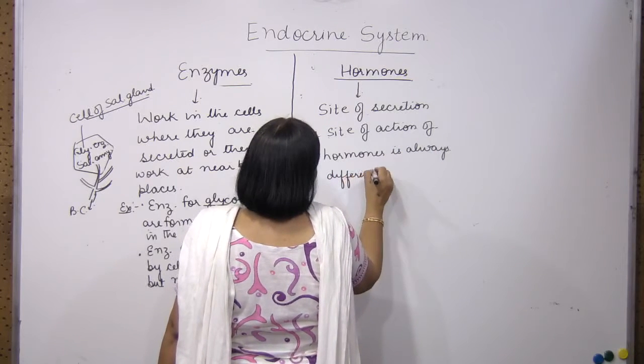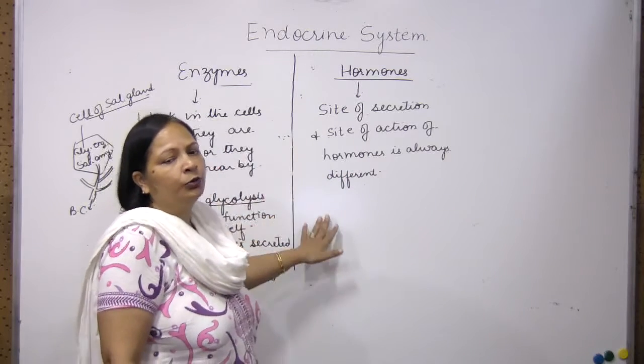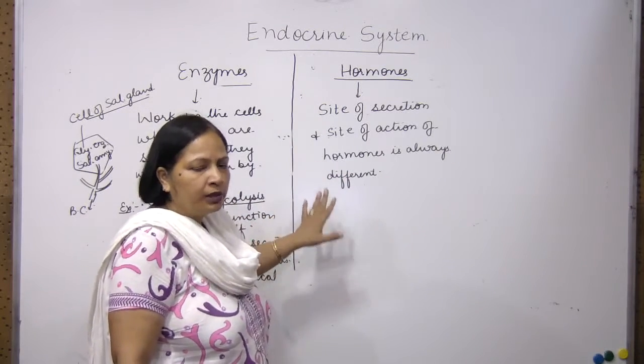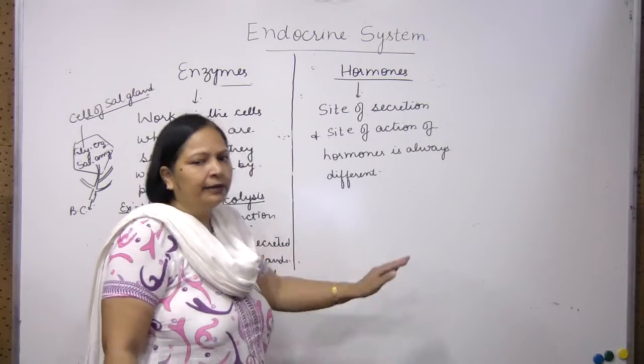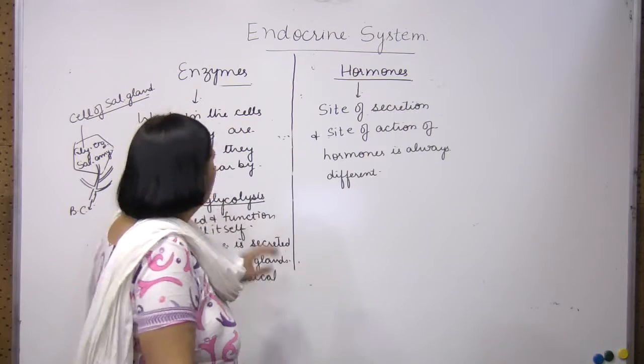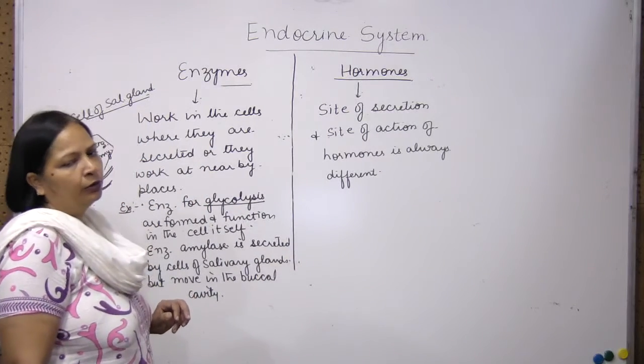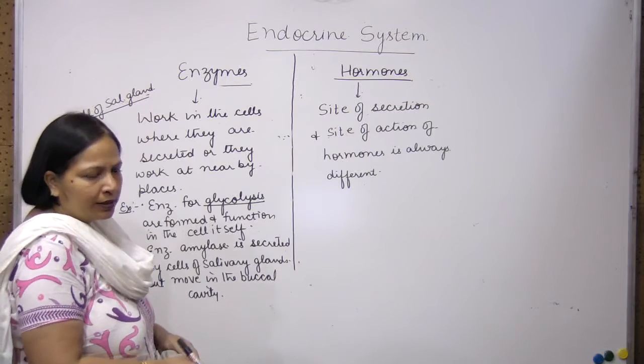The cells which secrete hormones do not consume their own hormones. The hormones diffuse in the blood and reach the other cells of the body. Is it right? So these are the main differences between enzymes and hormones. Okay, students?